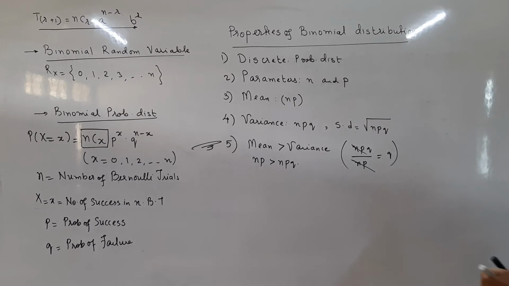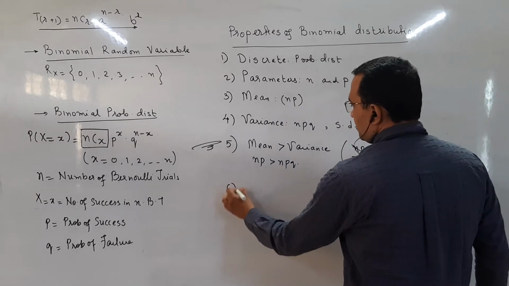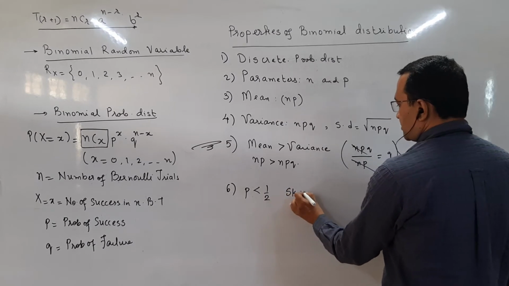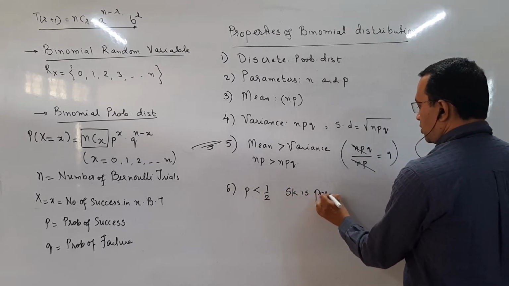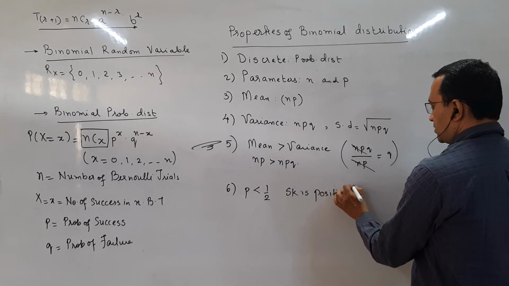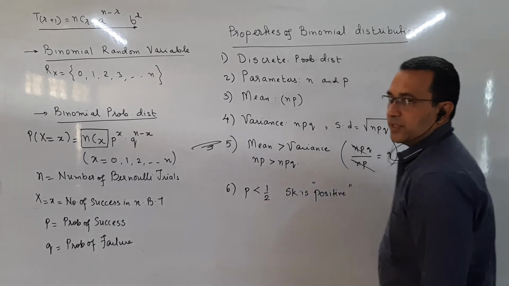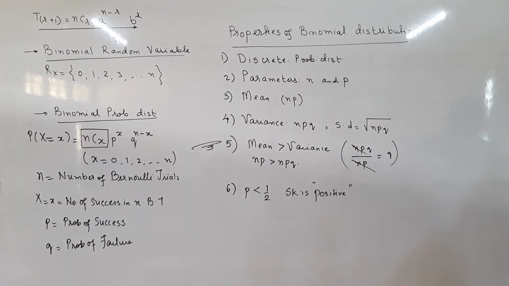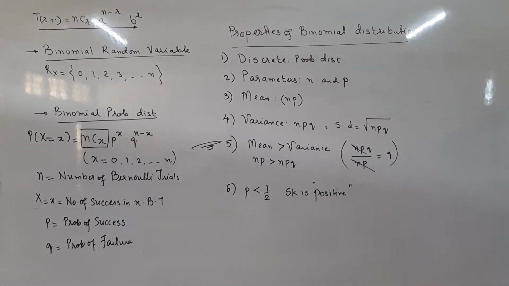Then students, sixth property, based on the value of p: if p is less than half, skewness is positive. This we have to remember. If p less than 1 by 2, skewness of the distribution is positive.